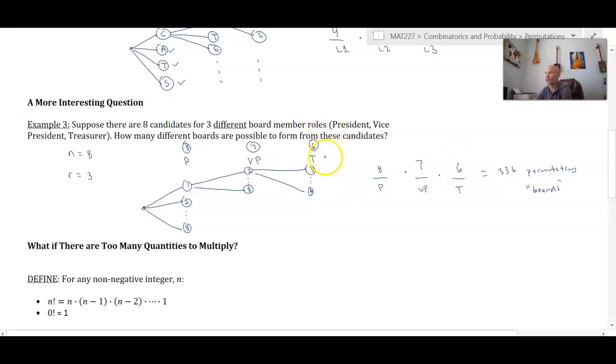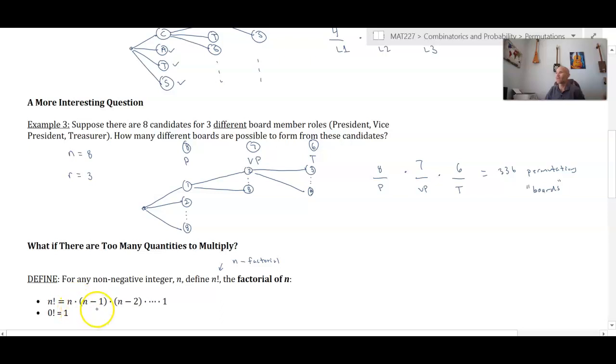This quantity, by the way, we're going to call the factorial of n. And no, this isn't just a really loud n. This actually means n factorial. It's just a notation that we use as a shorthand for when we're multiplying from that non-negative integer all the way down to 1.